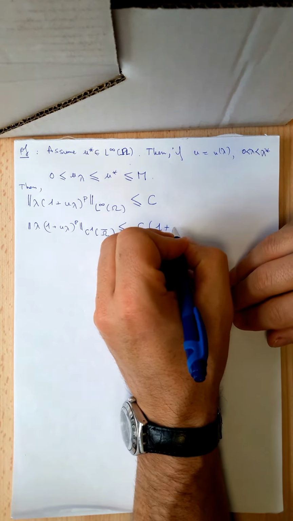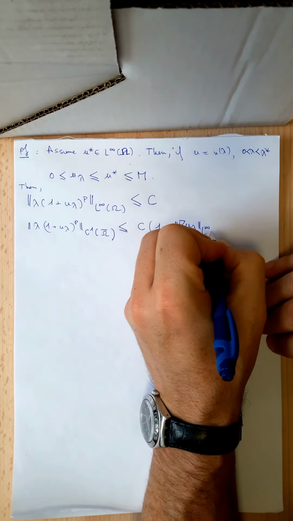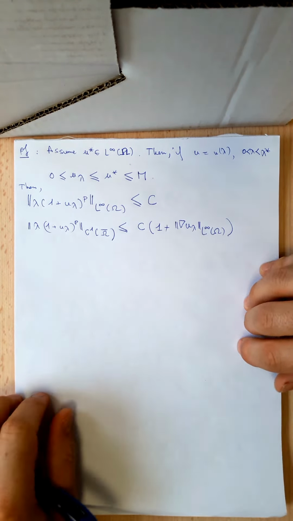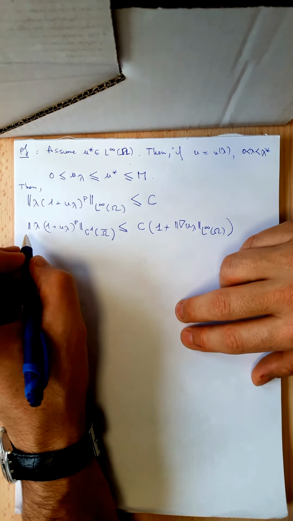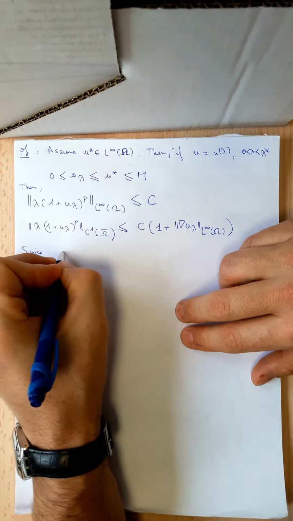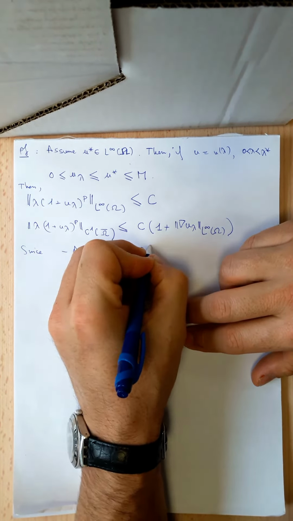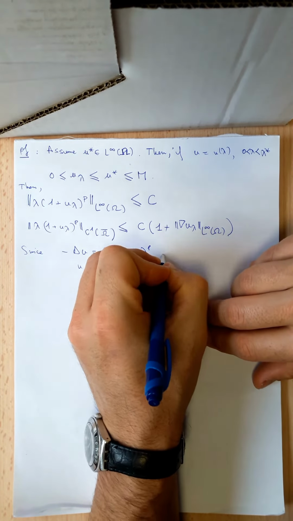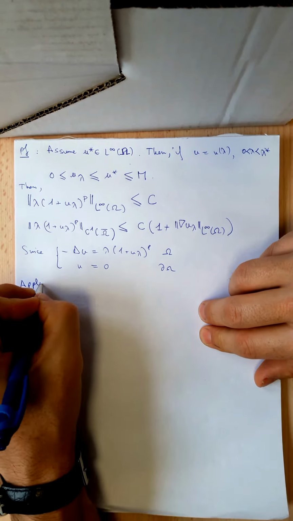So we can say that this is bounded by the L infinity norm of the gradient of U on omega. Okay, very good. Now you remember that Laplacian of U is equal to this quantity with 0 Dirichlet data. So now we can apply the Schauder estimate.